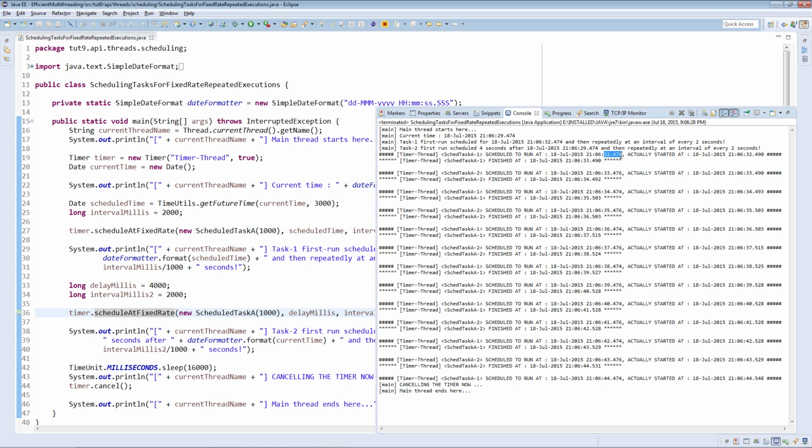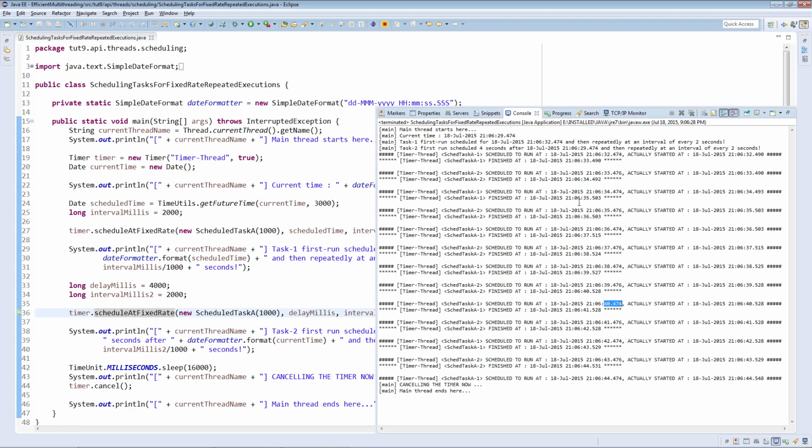Its successive scheduled times are 34.474, then 36.474, then 38.474, 40.474, and so on. Here, each successive scheduled time is 2 seconds later than the previous execution's scheduled time.